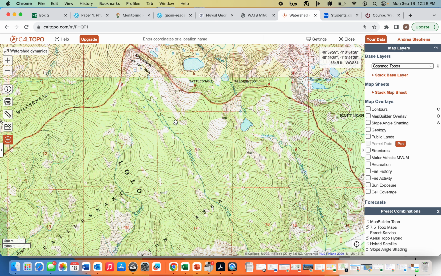Every single place along this dark brown index contour is 6,600 feet. And so I know that if this is 7,000 feet here and everywhere along this line is 6,600, then this is downhill. And so if I'm here, water is going to drain down the slope. And the specific direction that it's going to drain might also help you with both interpreting topo maps and figuring out watershed delineation.